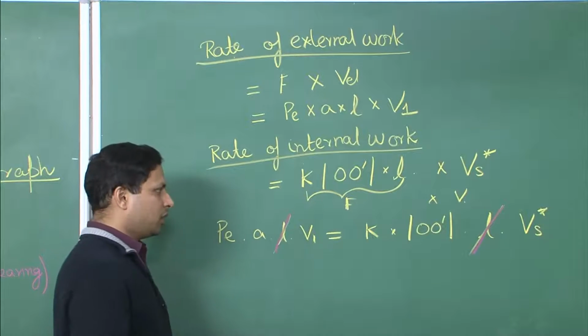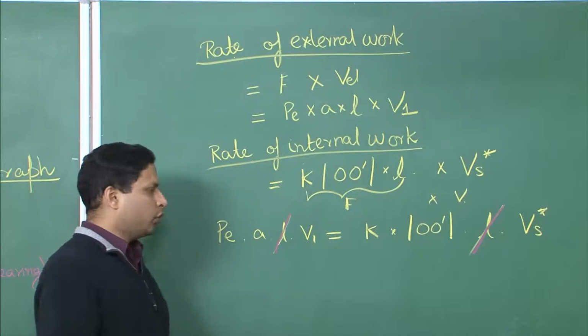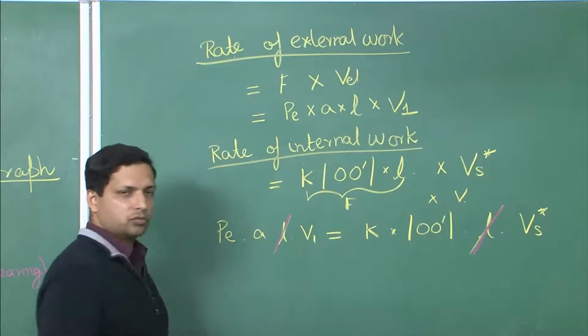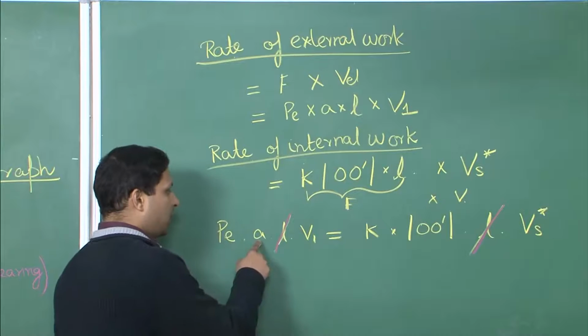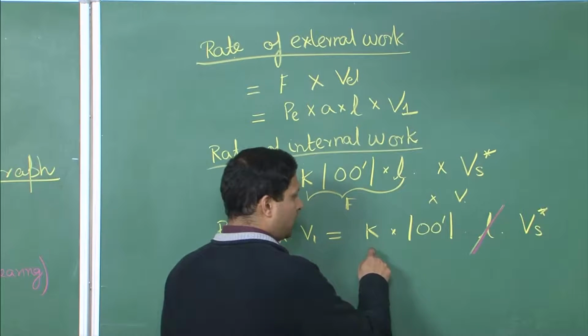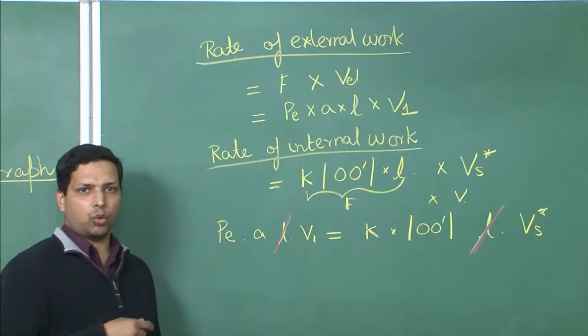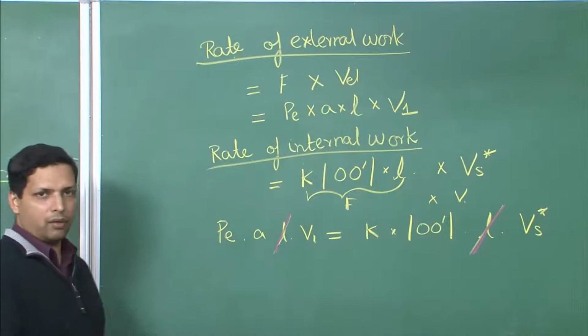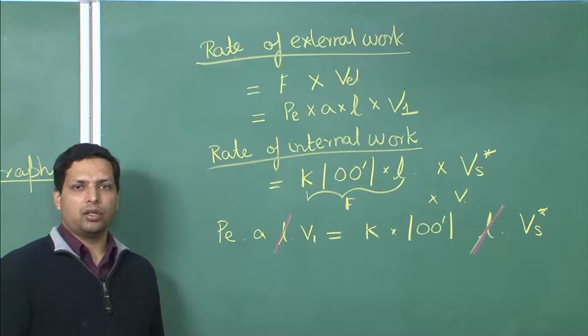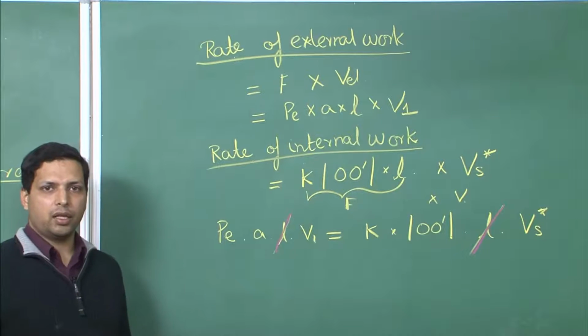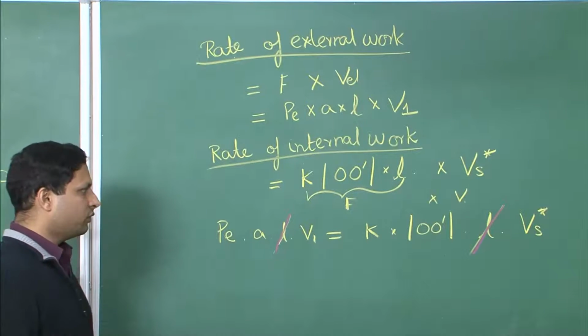In the next few examples that we will consider, we will not take this L term, we will only take P A V1 over here, and over here all the dimensions that we see on the plane of the board. The third direction we know will exist, but it will get automatically cancelled out when we equate rate of internal work to rate of external work.